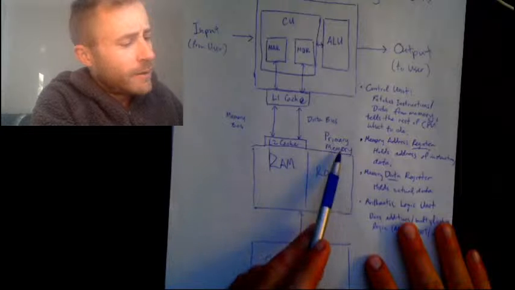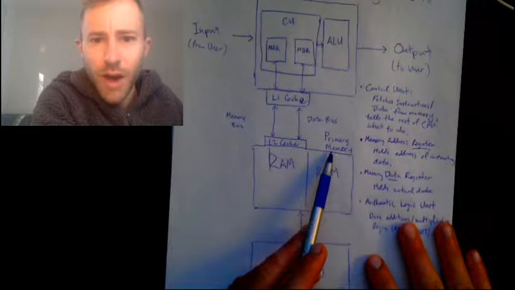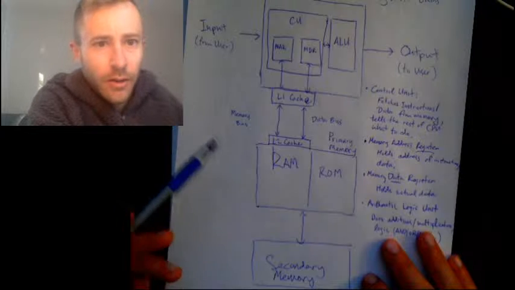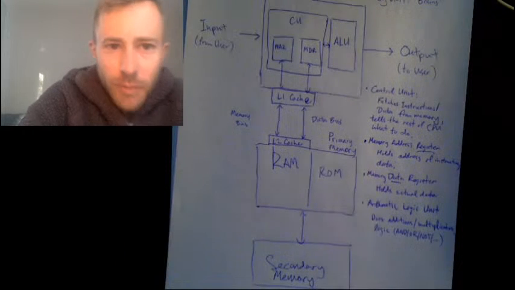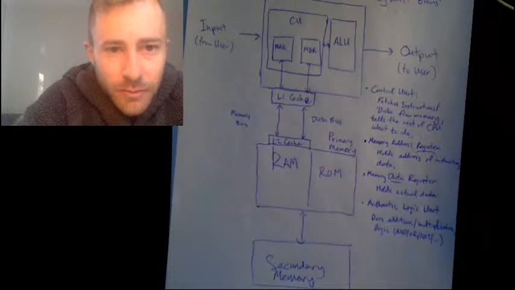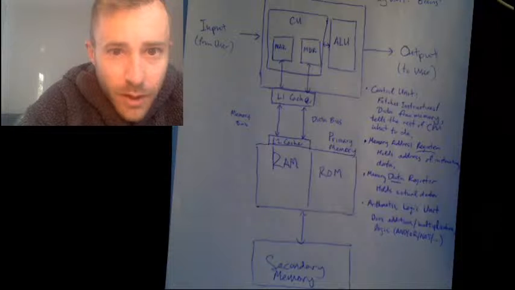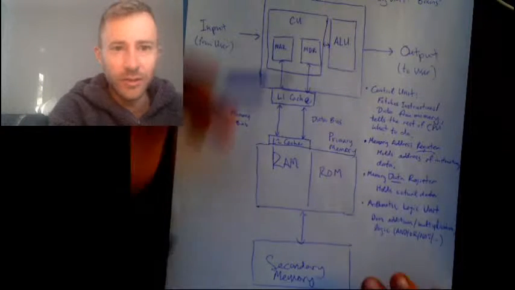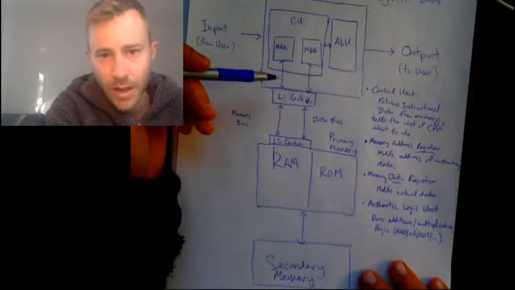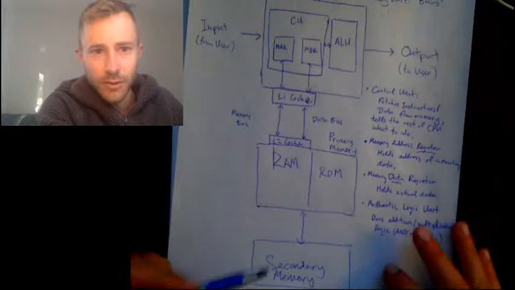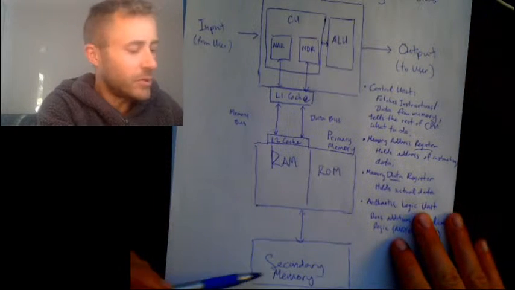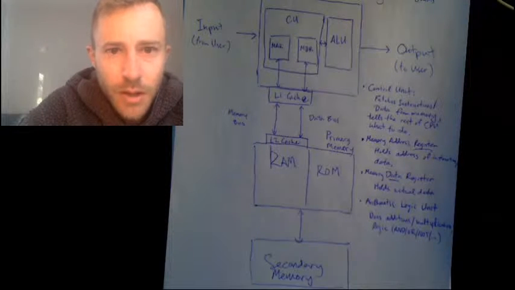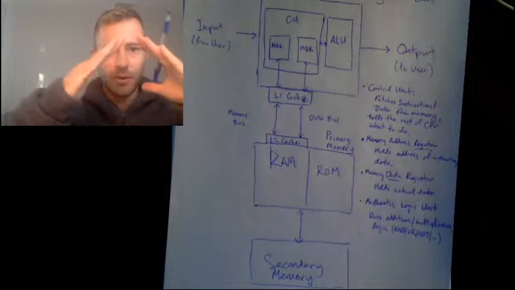So then we have the primary memory. One of the things about memory is that it is hierarchical. We have memory that is close to the CPU and memory that is far from the CPU. The memory that is farthest from the CPU is the secondary memory, and it's almost like a pyramid.